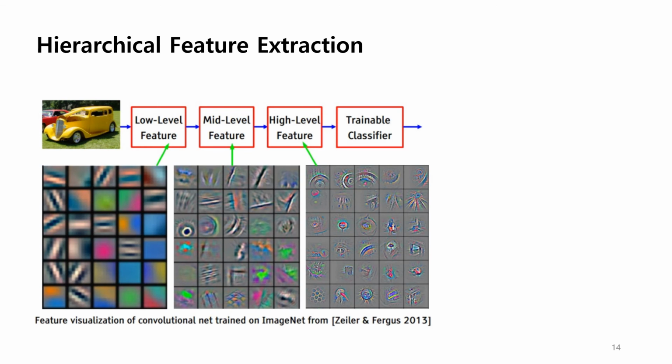This is an example of applying a CNN to car images. This is the lower level feature map, this is the middle level feature map, and this is the higher level feature map.